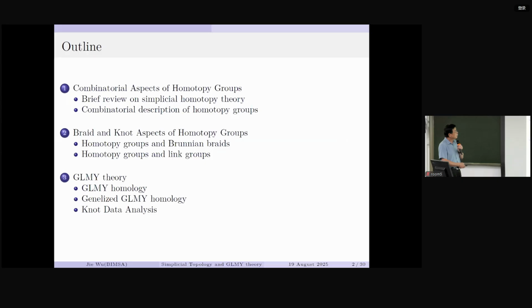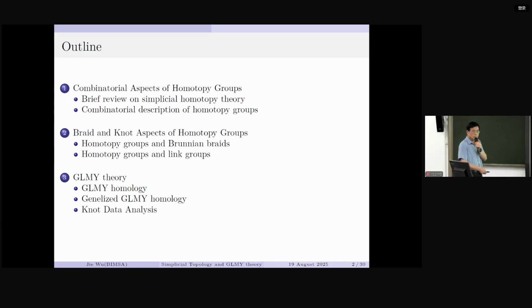There are three parts in my talk today. The first part is to use simplicial techniques to solve some core problems inside algebraic topology, that means homotopy of numbers.